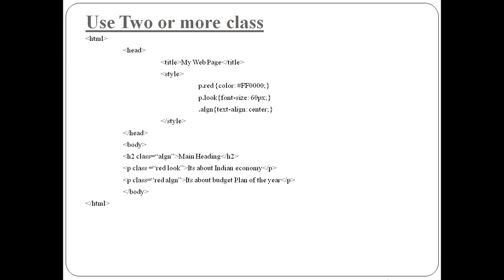For the particular element we specified p dot red, and the color must be red. And then p.look, if that class is used in any tag, the font size must be 60 pixel. And align, if you give it, the text align must be center. So this is how we can incorporate multiple classes in a single web page.